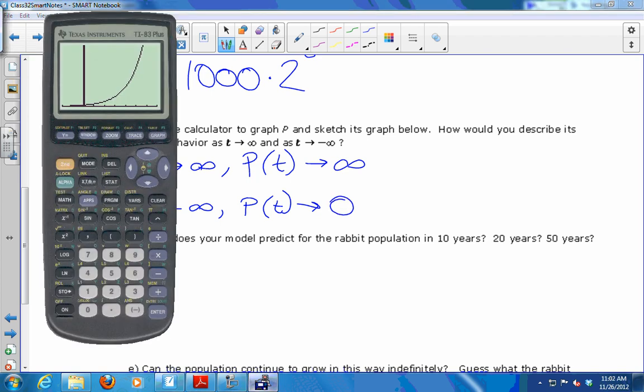And another window might help us see this. So if I go, let's say, to -10, and I'm going to use a much smaller window for my y, just say 0 to 1. Actually, maybe I'll go 0 to 1,000.